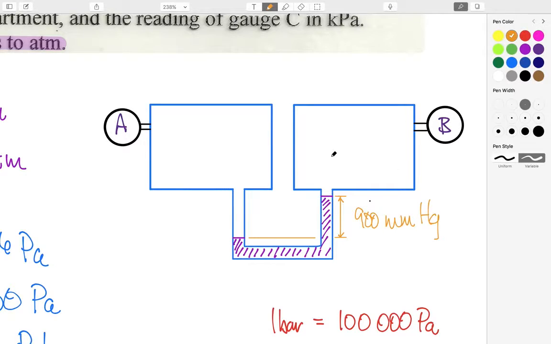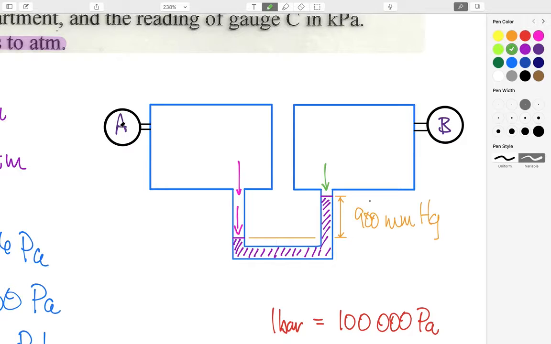So what do we have going on in chamber B? Well, we have to remind ourselves that the pressure in chamber A is pushing down on the surface of this mercury, and it's driving the mercury up in this tube. So in other words, the pressure in here must be greater than the pressure here.